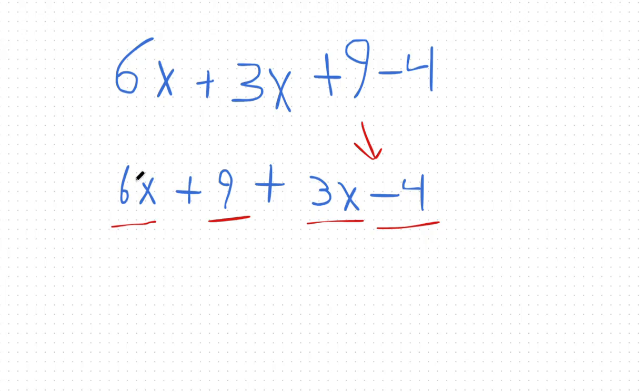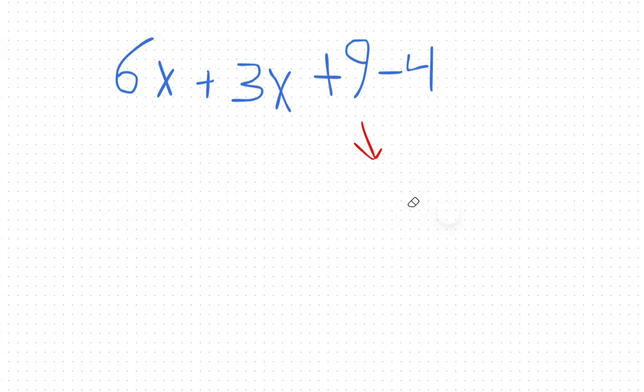So we took it from 6x plus 9 plus 3x minus 4 to 6x plus 3x plus 9 minus 4. So now the terms are right beside each other.